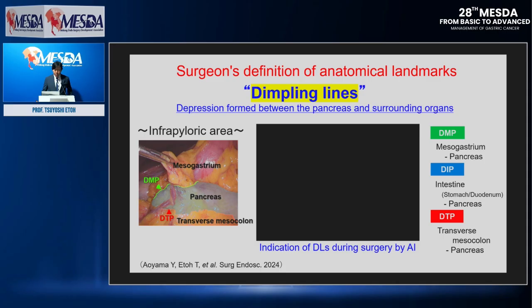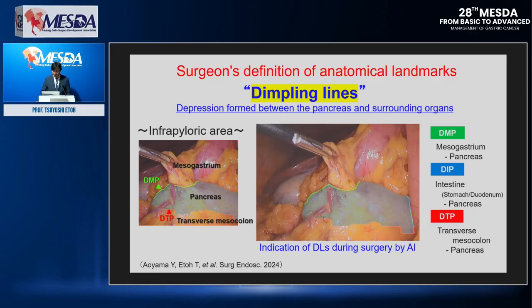I'd like to explain the dimpling lines. Dimpling lines means the depression formed between the pancreas and the surrounding tissues. The pancreas is surrounded by the mesogastrium, the duodenum, and the transverse mesocolon, and a depression is formed around the pancreas, so we named it the dimpling line.